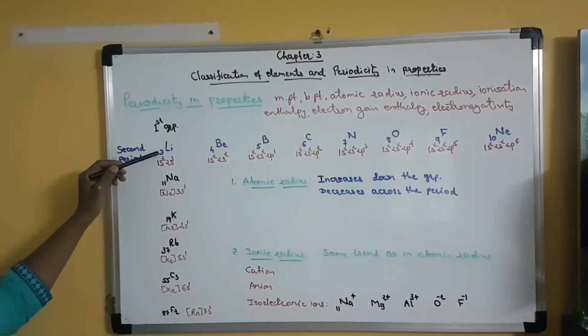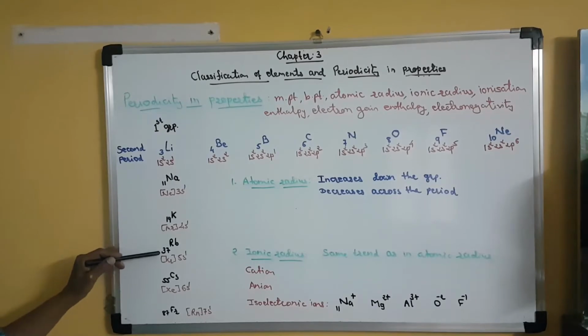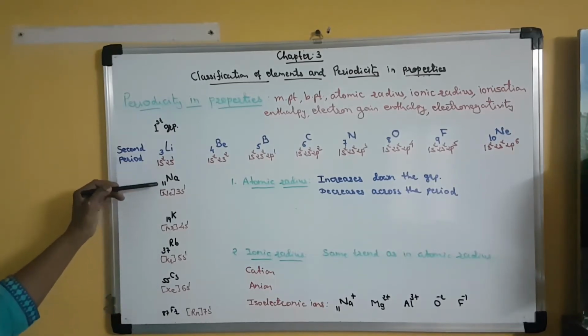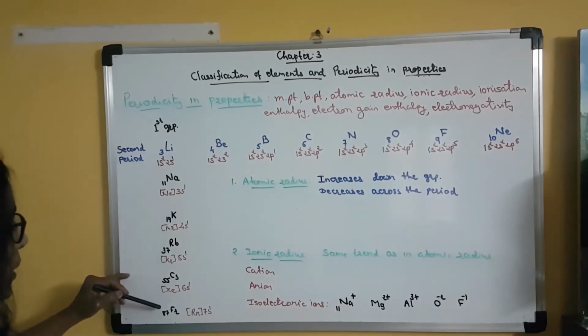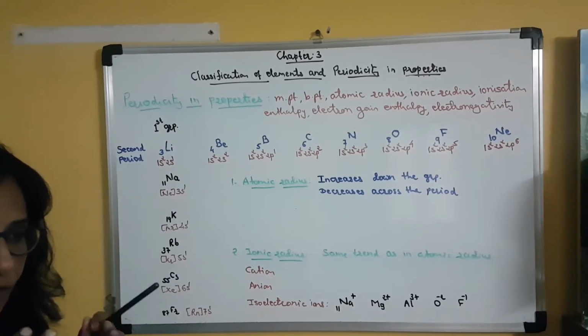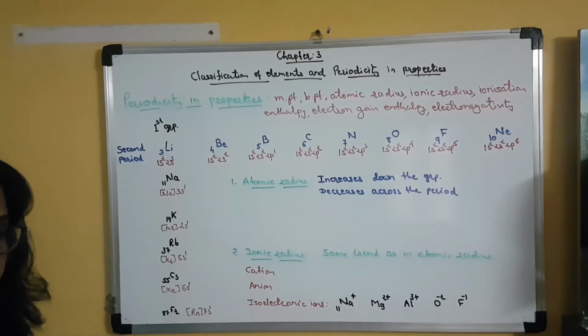Lithium has atomic number 3, meaning 3 protons in the nucleus, sodium 11, potassium 19, rubidium 37, cesium 55 and francium 87. So when we go down any group, there is an increase in the atomic number. It means there is an increase in the number of protons present in the nucleus. So the effective nuclear charge increases.